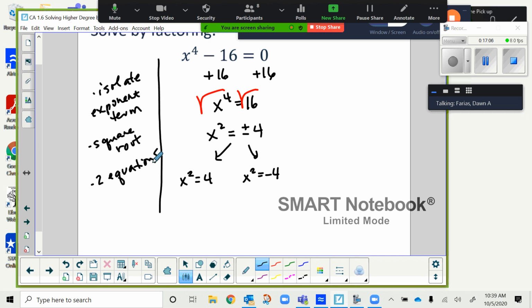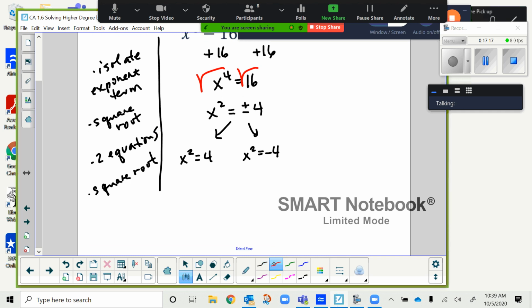So we make those two separate equations. And then guess what we're going to do with those two? We're going to square root again. So on the left, when we do square root again, now we have just x on the left. And it's going to be positive or negative, whatever the square root of 4 is, which is 2. And then on the right side, I'm going to square root again.